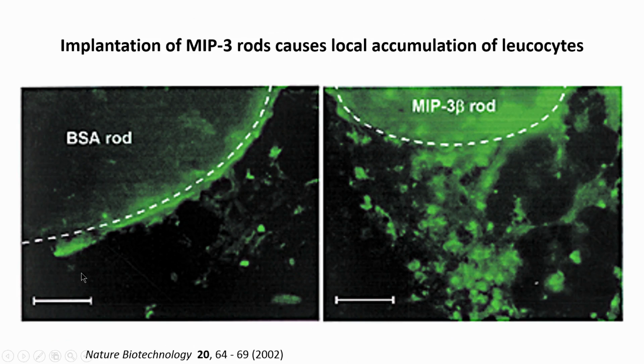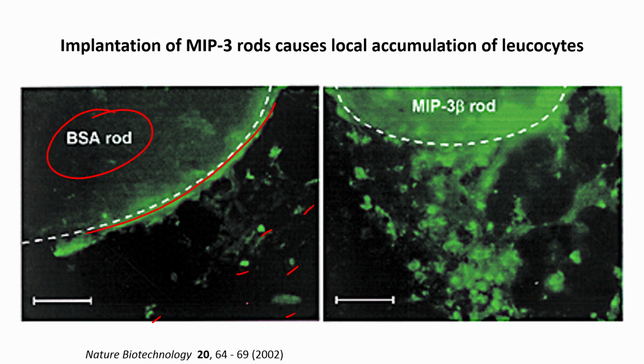So here is just some data from an animal study. If they only put in a BSA rod, which obviously this is a zoomed in image, and green is your dendritic cells in the surrounding, you see that some dendritic cells have come in and started interacting with the surface.